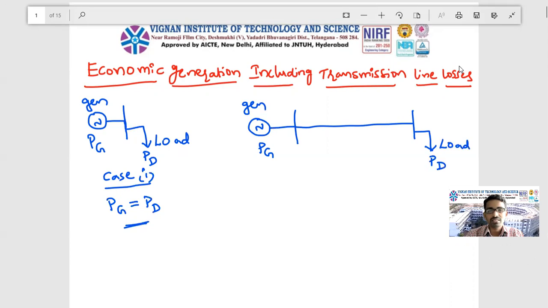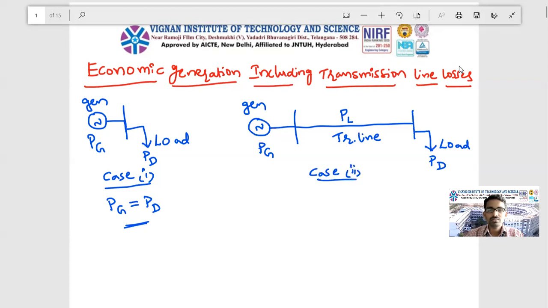That load demand is PD, and this is what we are calling a transmission line. This transmission line will definitely contain the transmission line losses, because you are having the resistance of this transmission line and there is an inductance and resistance effect. Due to that resistance effect you are going to have the transmission line losses. That transmission line loss I can say is PL, power loss. So let us consider this as case 2.